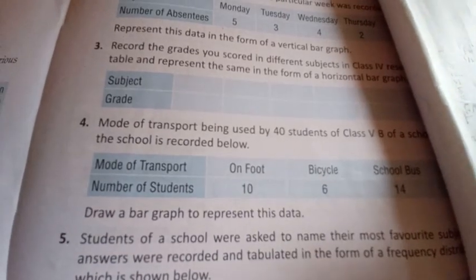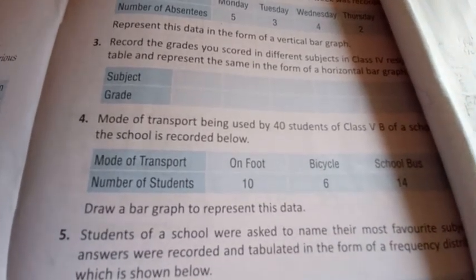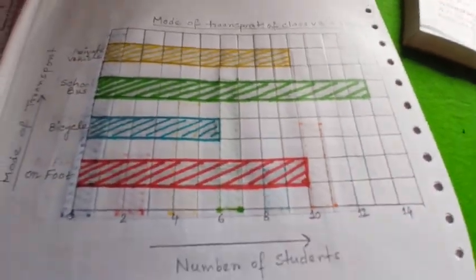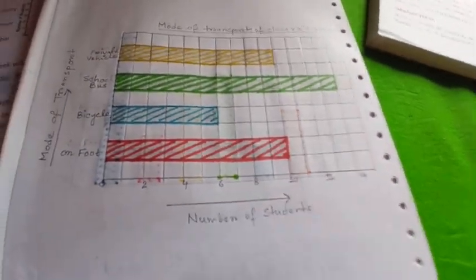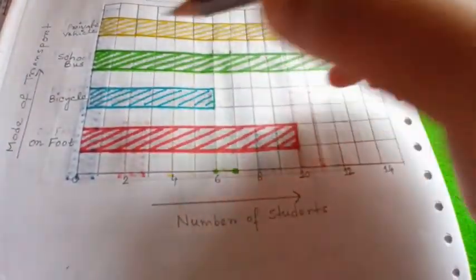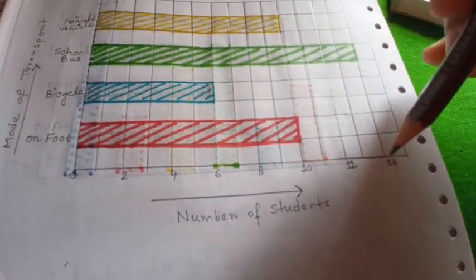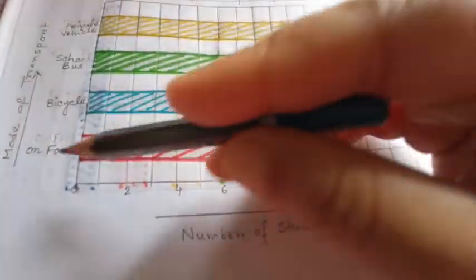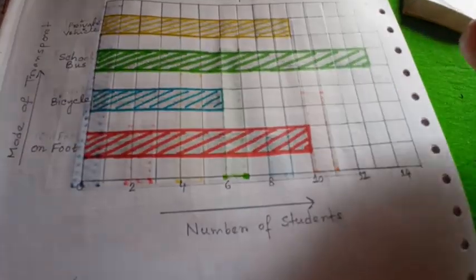Here I wanted to show you a horizontal bar graph, so I have drawn it this way. The horizontal line depicts the number of students, and the vertical line depicts the mode of transport.